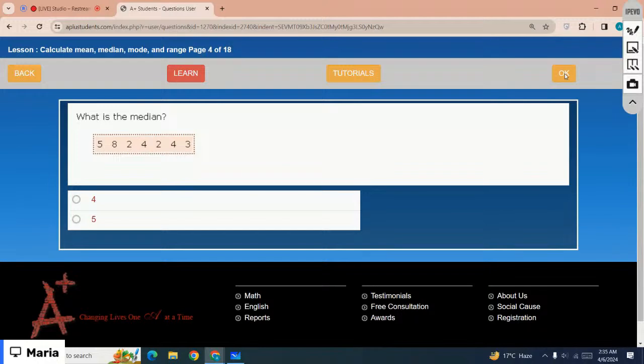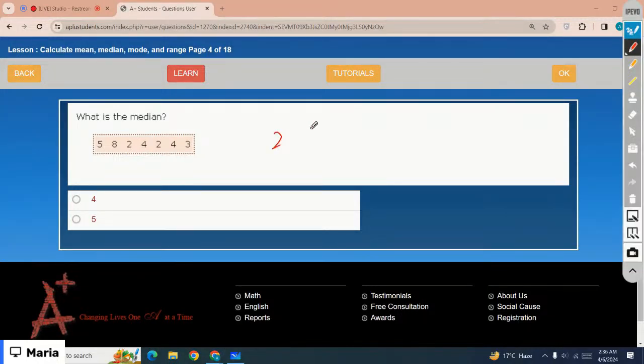For the median, you have to arrange the numbers from least to greatest. Let's just arrange them: 2, 2, 3, 4, 4, 5, and 8. The median is the number that divides the data into two exactly equal groups. So you have 1, 2, 3, 4, 5, 6, 7 numbers. That means the fourth one is the median.